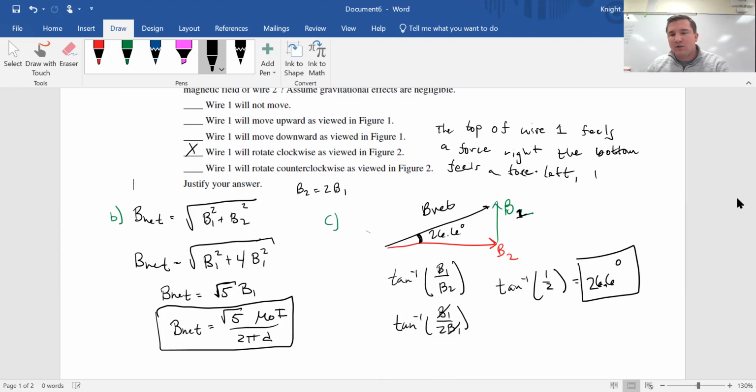This causes rotation. Clockwise rotation. Cool. So there is the first section there.